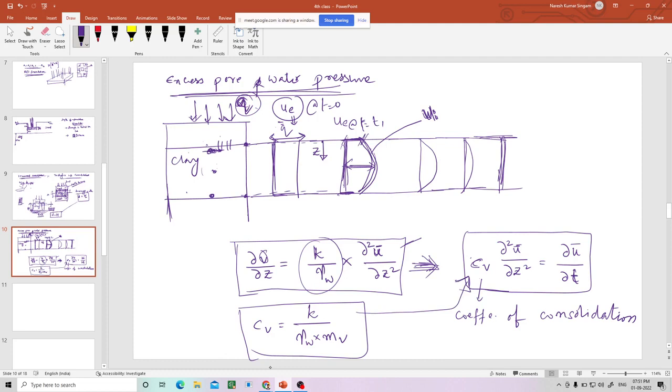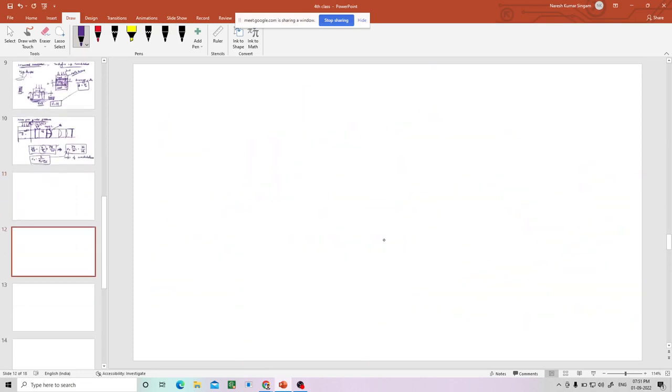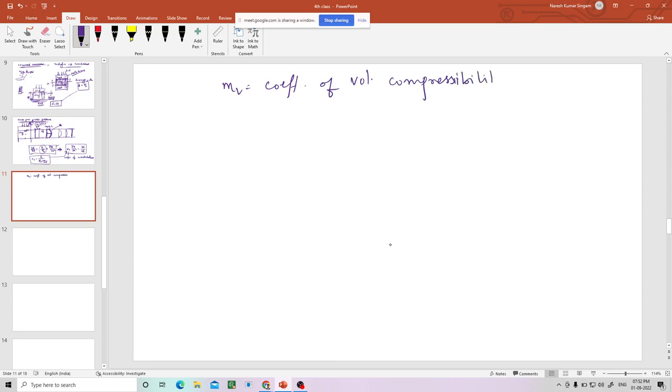K is permeability, gamma W is unit weight of the water, whereas MV is the coefficient of volume compressibility of the soil. Now this is analogous to the inverse of the bulk modulus.